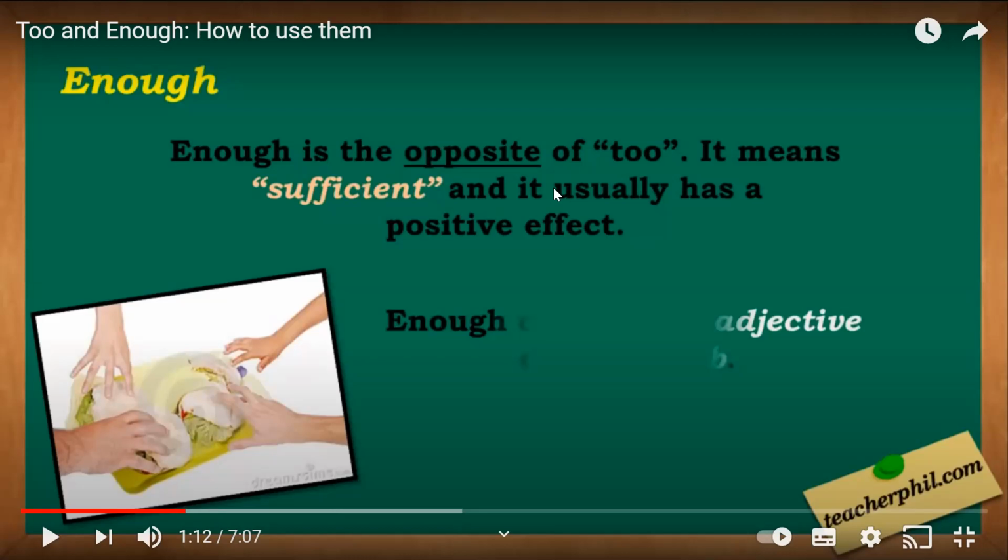But in this case, for example, my mom doesn't have enough money because she doesn't work. In this case, it is a negative sentence. Exactly. The video said it has a positive effect. Exactly. Okay, all right. But it says, usually, not always.